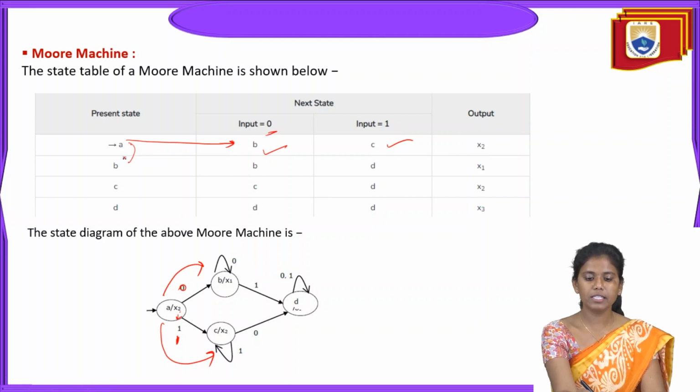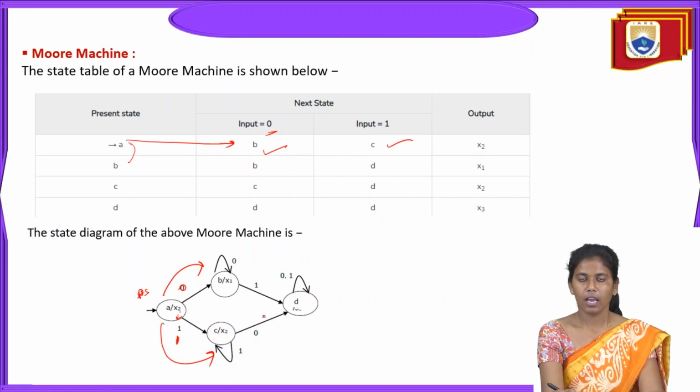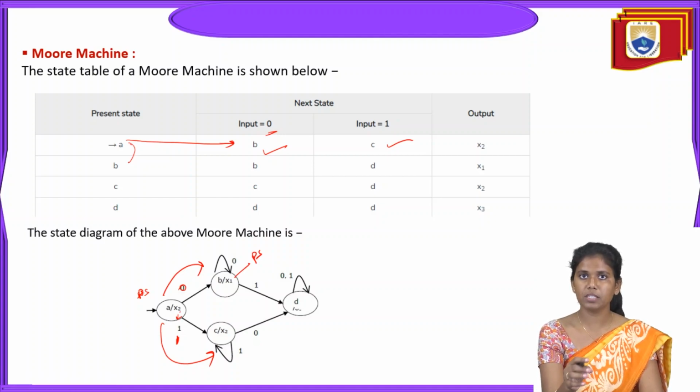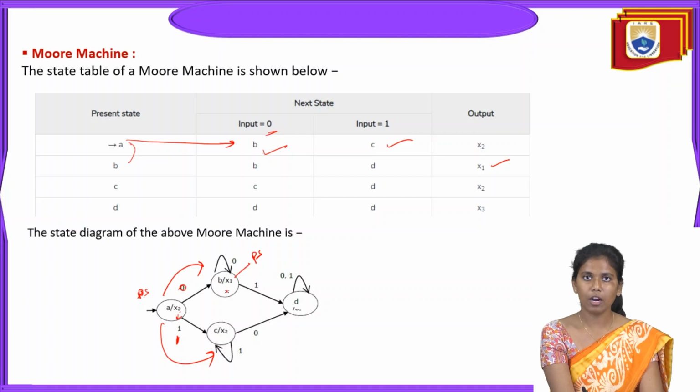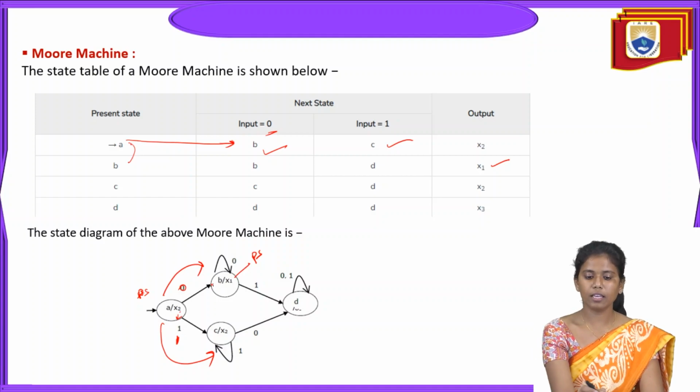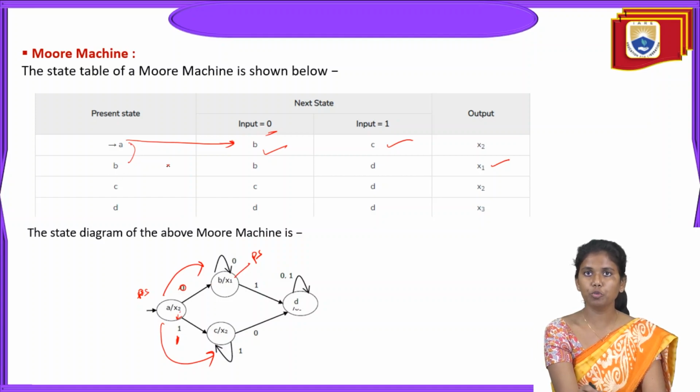Okay. And then, for example, this is my present state and this is my next state. If you are considering your present state as B, remember that the output you obtain from the present state is x1. Okay, B/x1, that is the output. So how we got this x1 as output is when the transition is taking place from B to B itself.